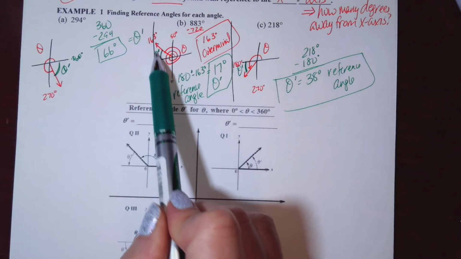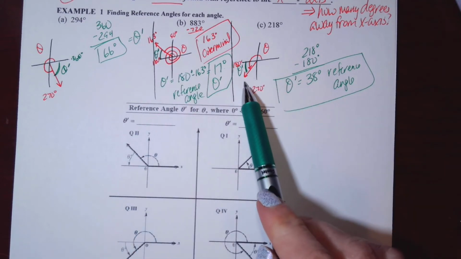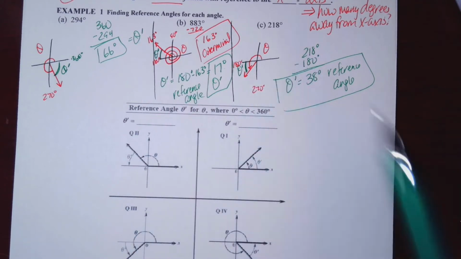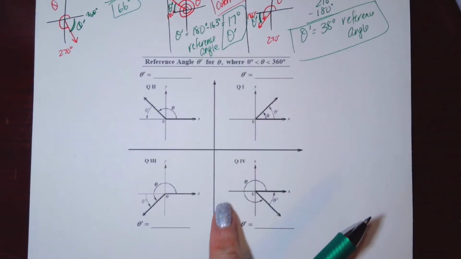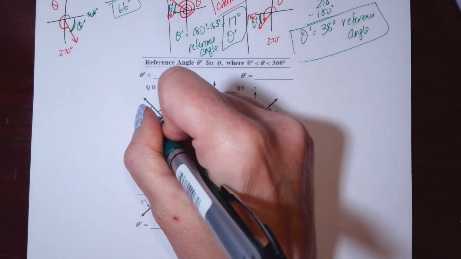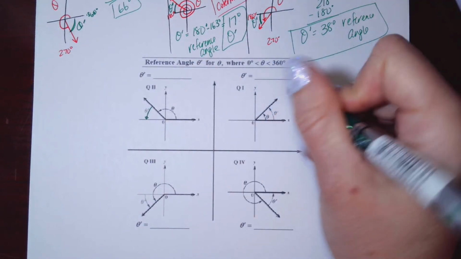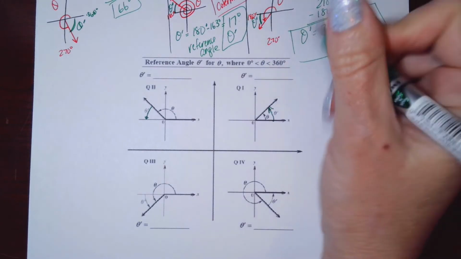Over here, I subtracted it from 180. I did the same thing here. I subtracted 180 from it. That chart gives you, okay, what is the action I'm going to take to figure out this theta prime value? Well, if I'm in quadrant 1, theta and theta prime are the same thing.